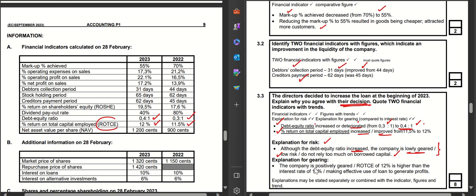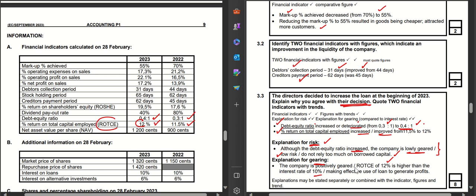Let's go now in explaining gearing. Remember, in the first part, we're explaining risk. Now we're going to explain gearing. The company is positively geared. How do we know that? How do we know that we're positively geared? Because the return on total capital employed of 12%, which is this one here, is higher than the interest rate of 10%.